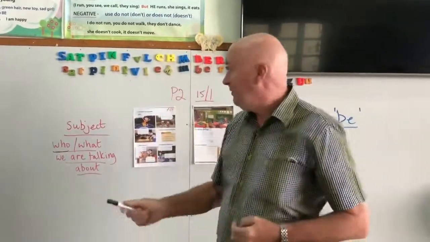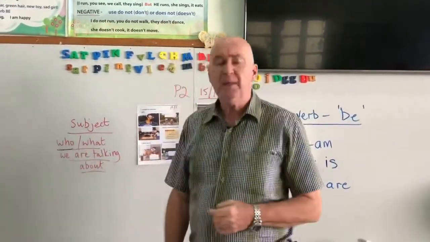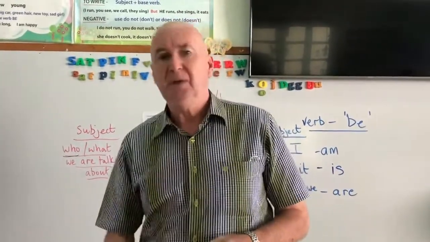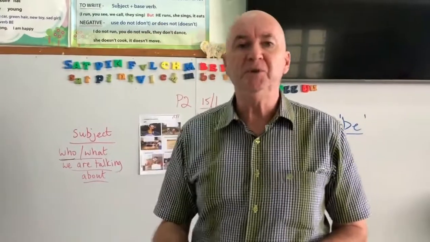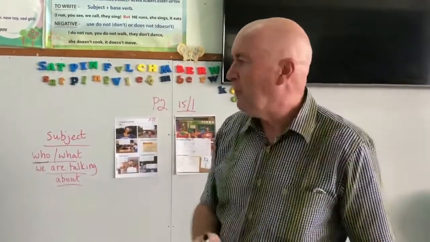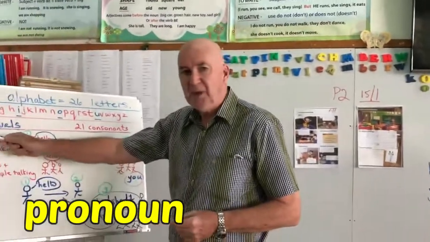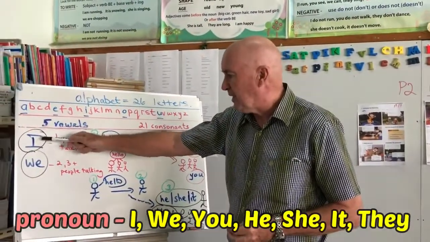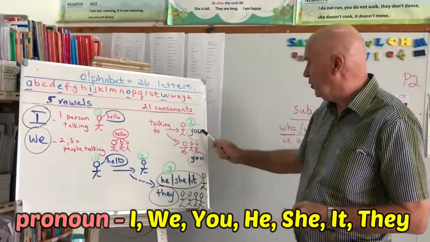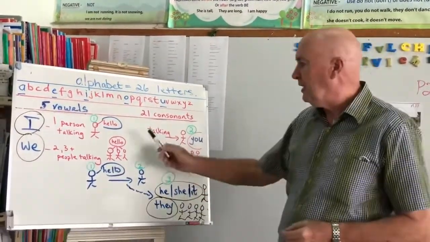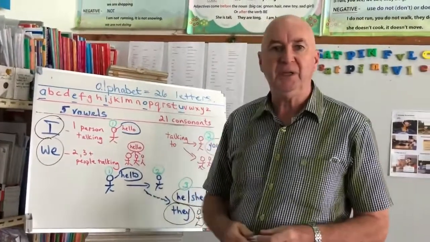Now, if it's a person, then they will have a name. But sometimes we don't use the name, we use what we call pronouns instead of somebody's name. So instead of somebody's name, we might use I, or we, or you, or he, or she, or it, or they. Now, let's have a look how we do these.